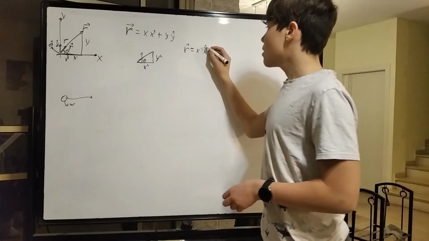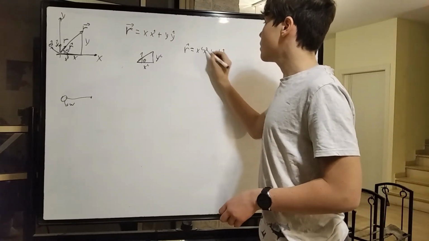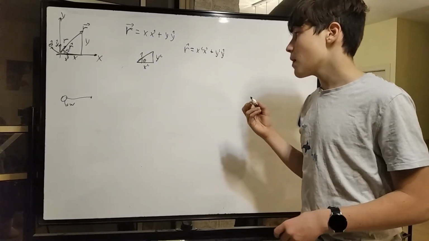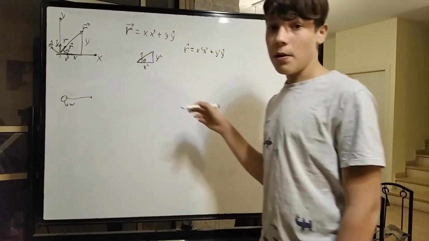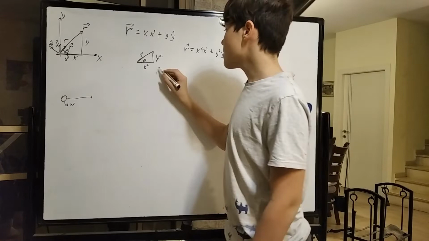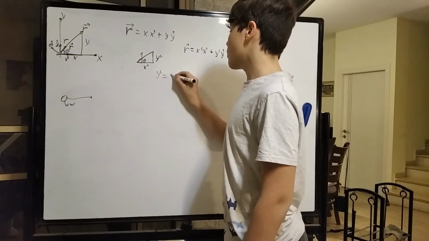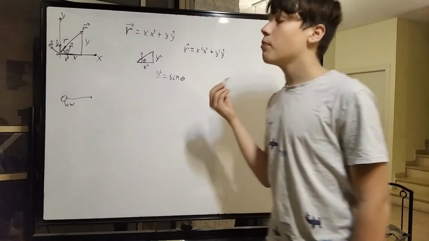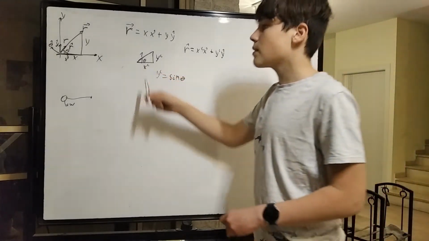But now we can do simple trigonometry to find out what x prime and y prime are. So notice y prime over 1 is, by definition, sine theta. Y prime over 1 is y prime, which is sine theta, the sine of this angle.